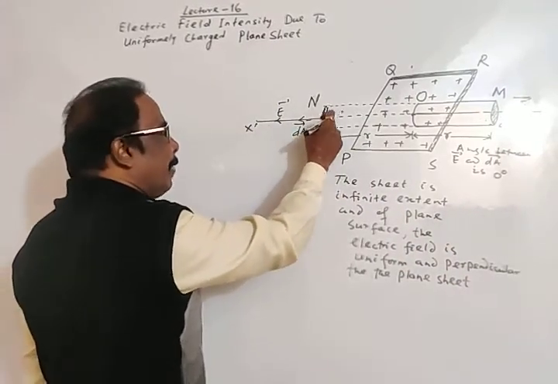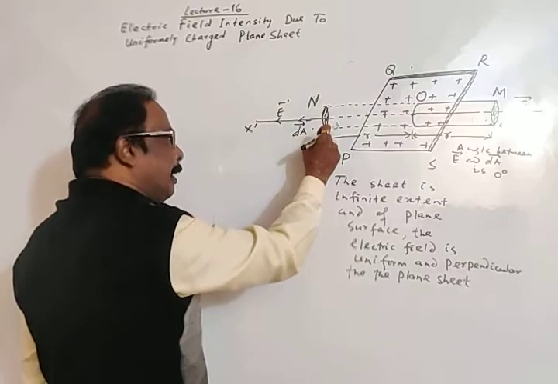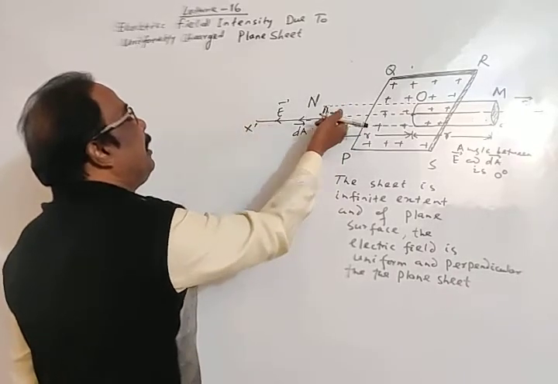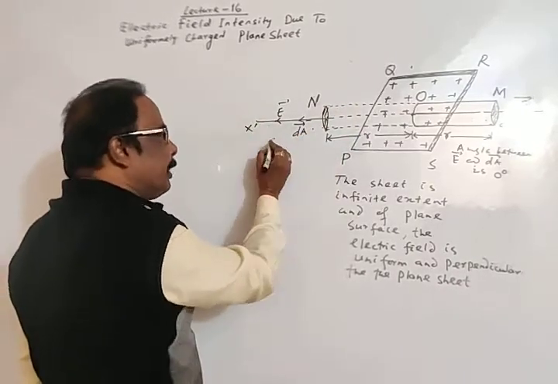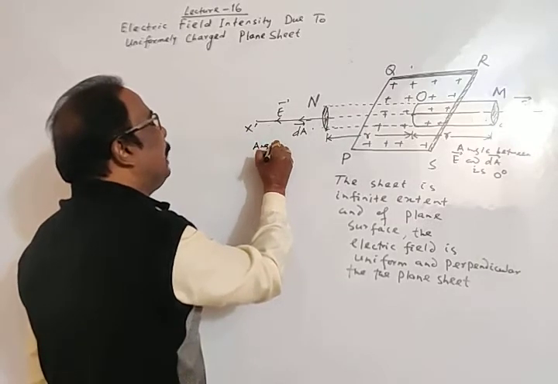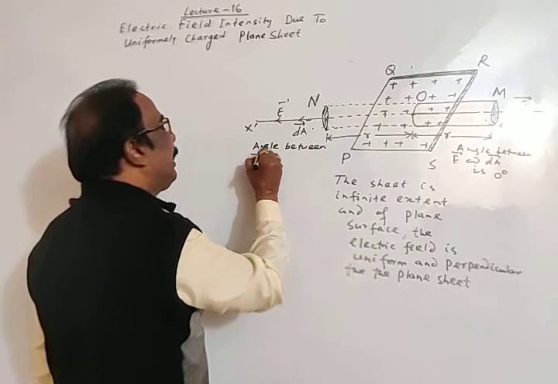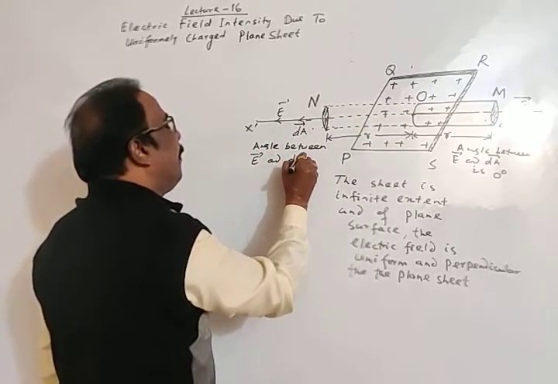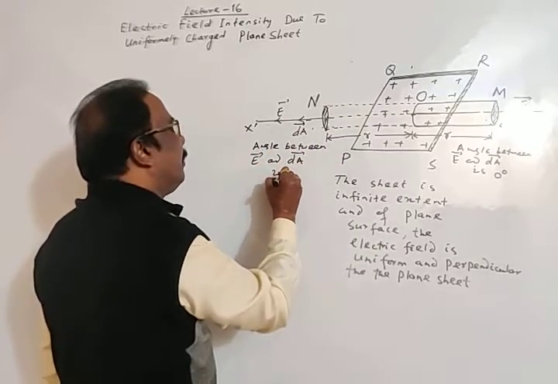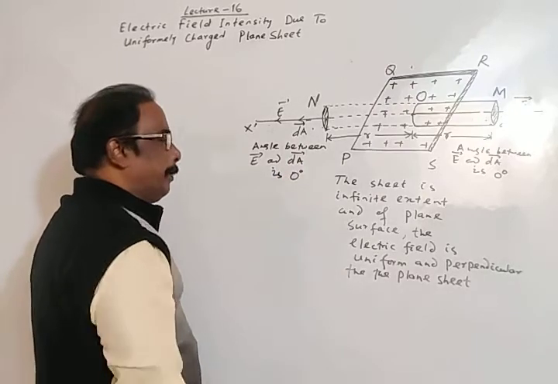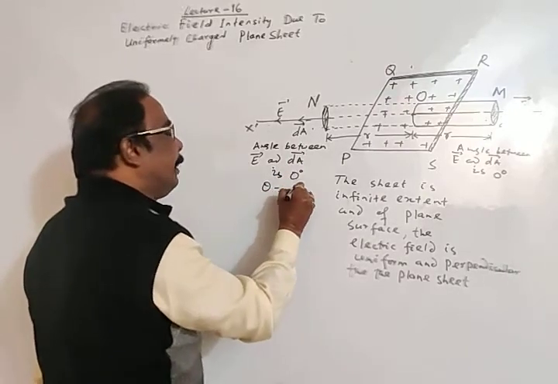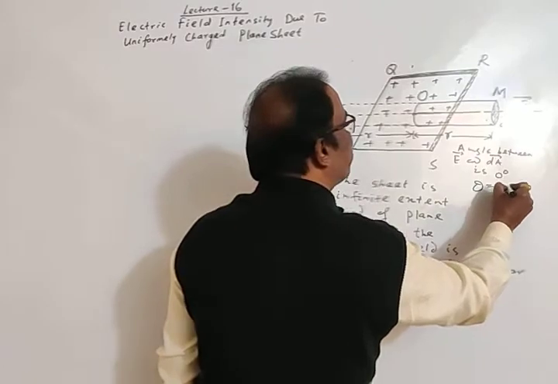At N, the elemental area is dA, and the direction of dA and the direction of electric field are in the same direction. Here also the angle between electric field and elemental area is 0 degree. So here theta is 0 degree and here also theta is 0 degree.